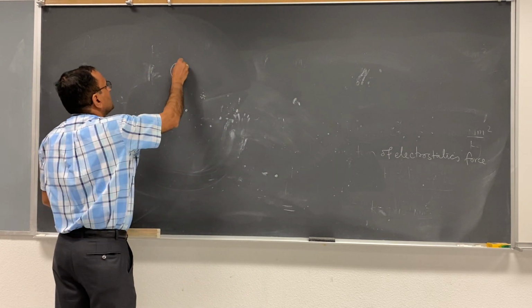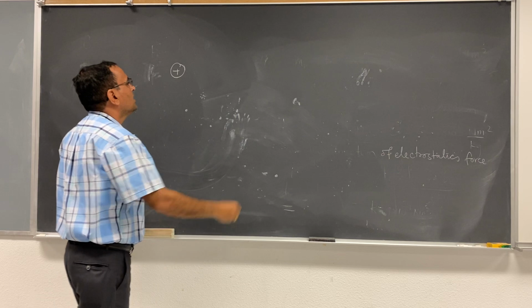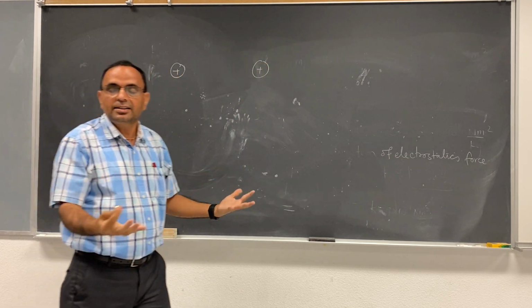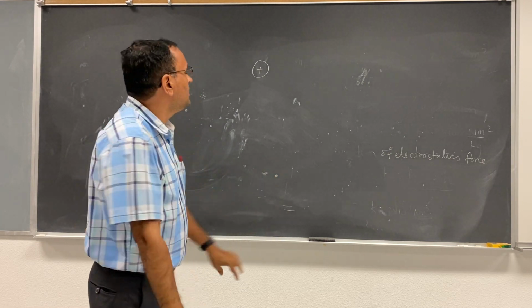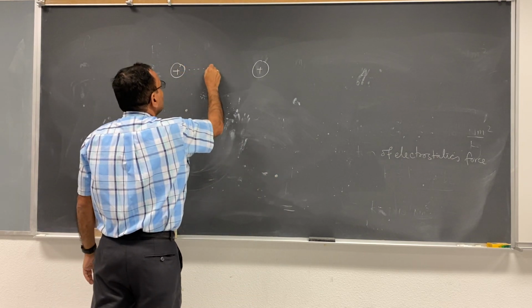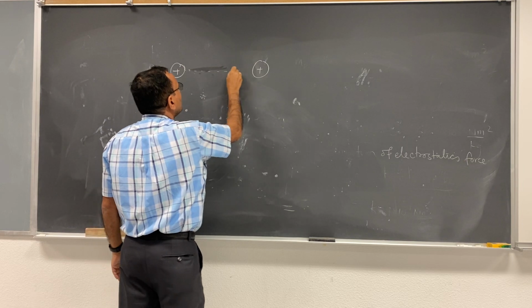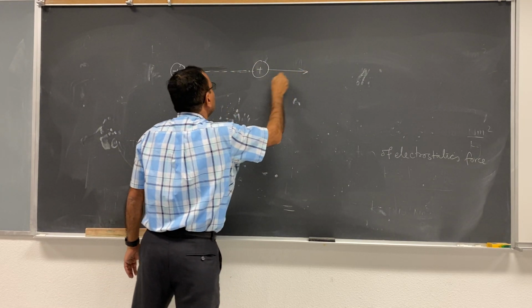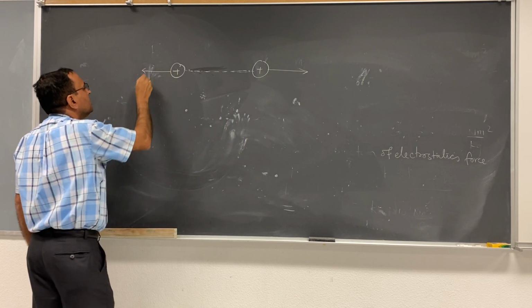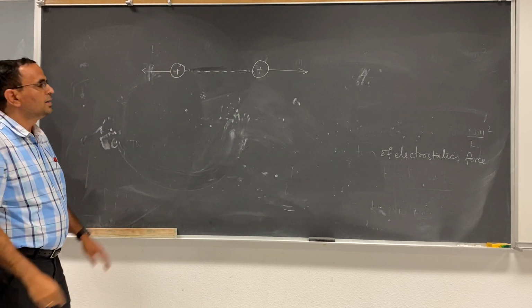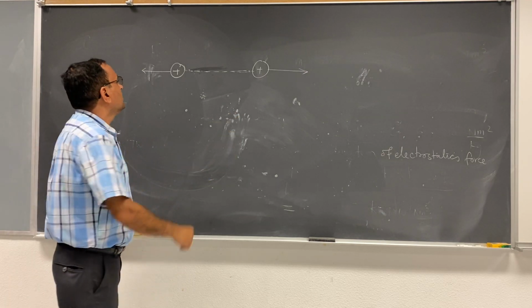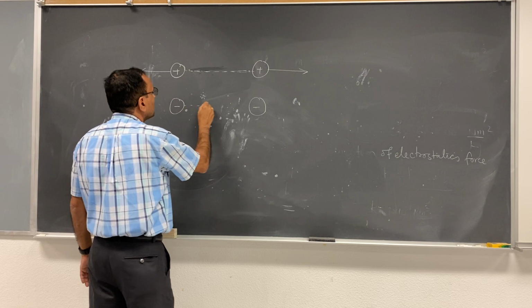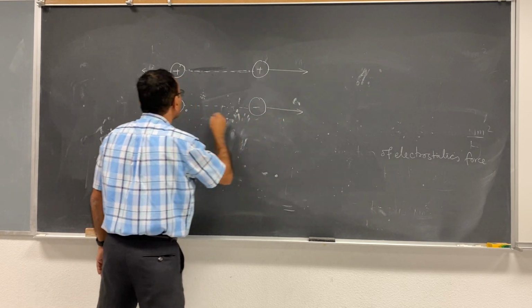Let us suppose this is positive and this is also positive. Same charge, like charge, they repel. So how do you get the direction then? Join these, draw the straight line joining these two charges, and they repel. Repulsion, move away, right? If this is negative and this is also negative, same thing, repel.